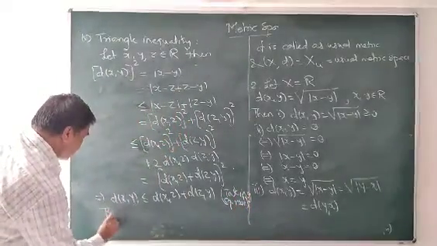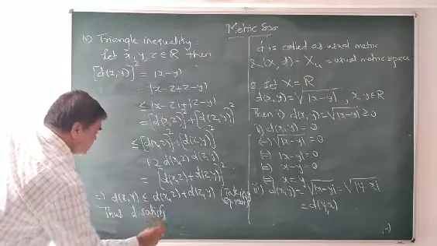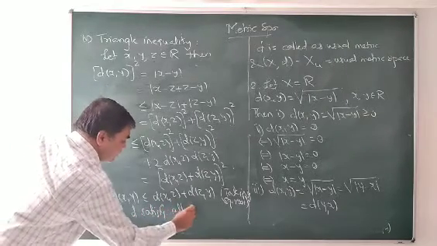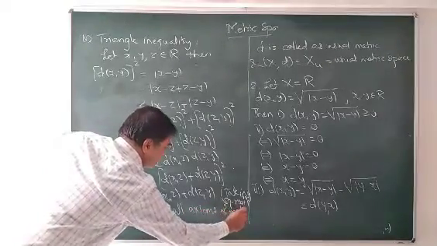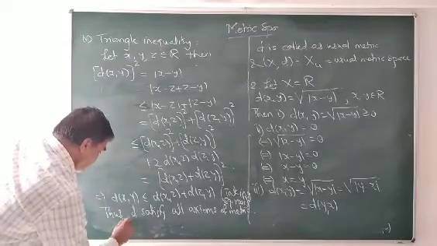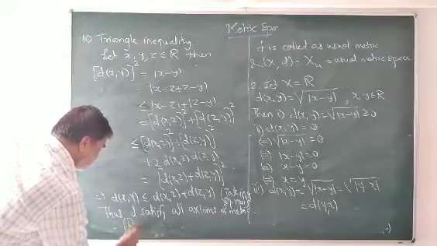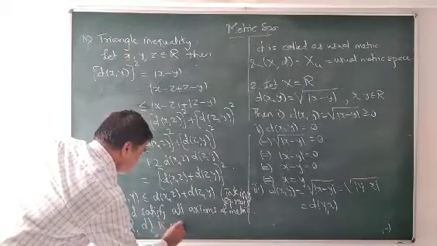Thus d satisfies all axioms of a metric. Therefore, the real numbers with respect to this function d is a metric space.